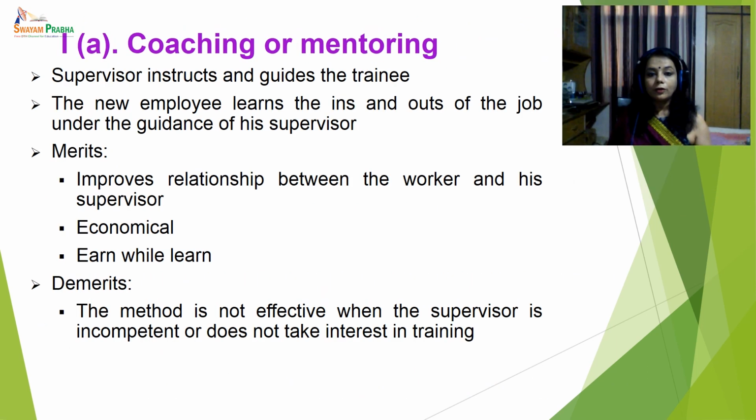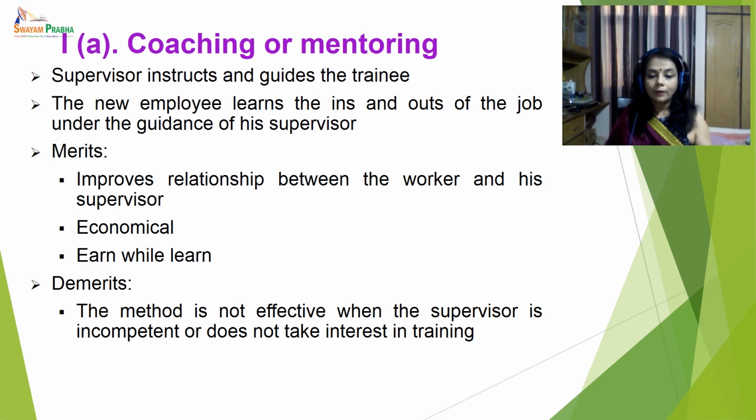So one by one, we will discuss the different on-the-job training programs. First is coaching or mentoring. Here the supervisor instructs and guides the trainee. So a trainee is put directly under a supervisor, and he observes the supervisor and gets instructions and guidance from the supervisor, and the supervisor basically acts as a coach for the trainee.